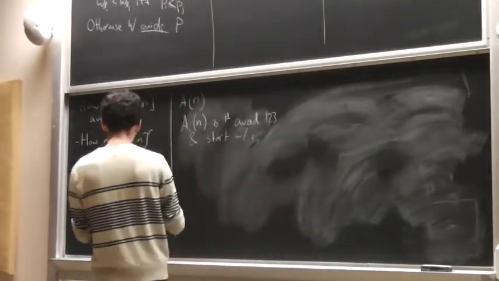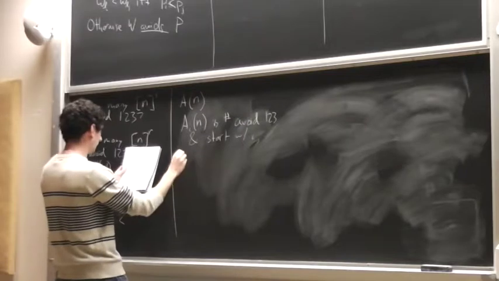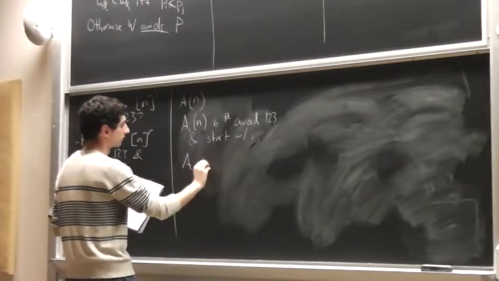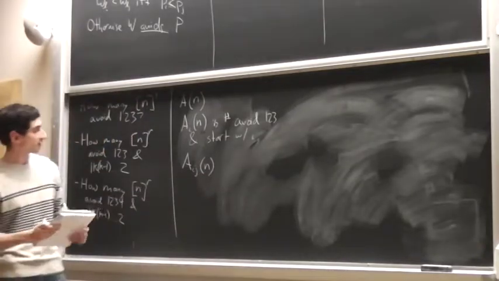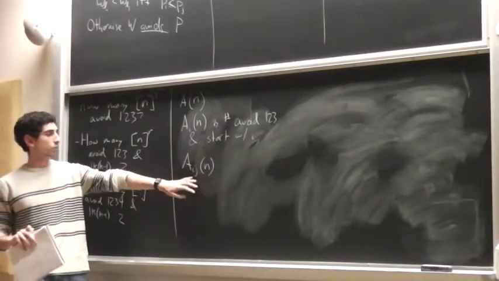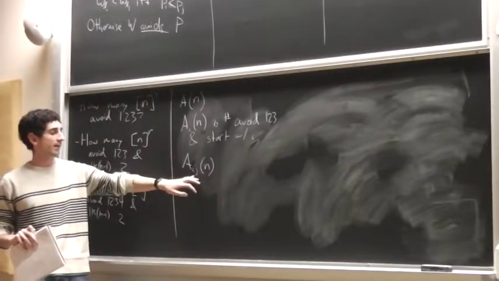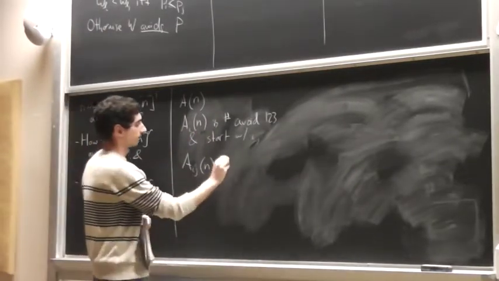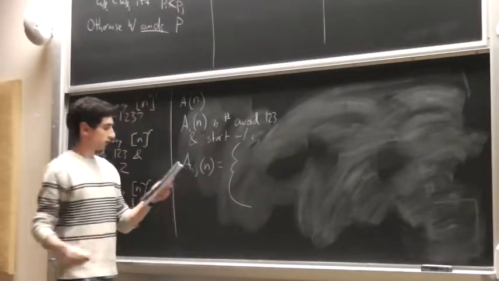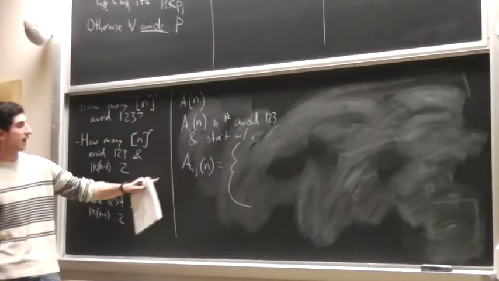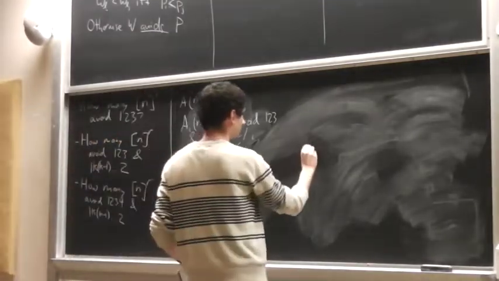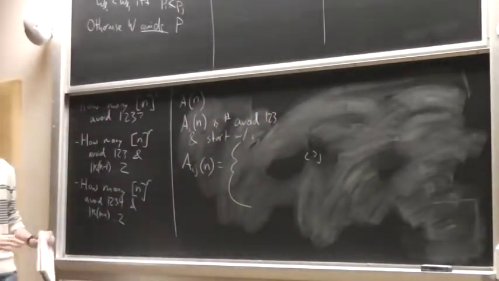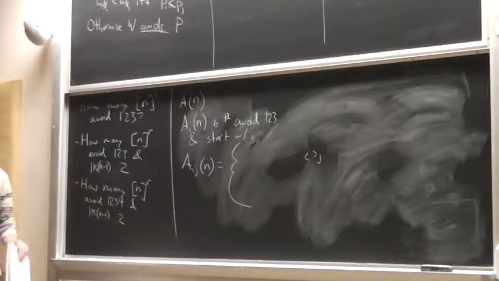And so the recurrence looks something like this. Well, let's think about A sub ij. A sub ij is all the words that start with I and then have a j and avoid 1, 2, 3. So what happens if I is bigger than j? We have some element I, and then we follow with some smaller element.